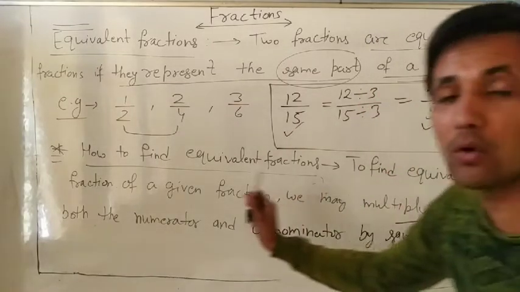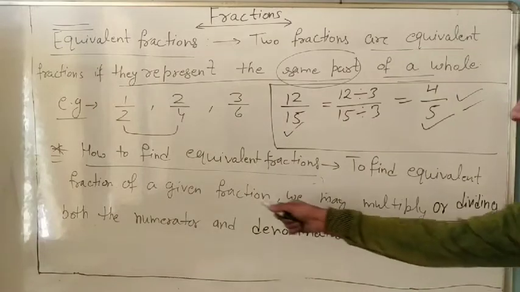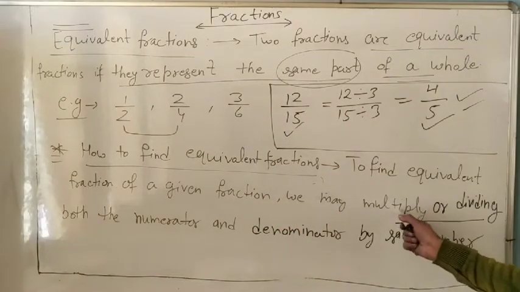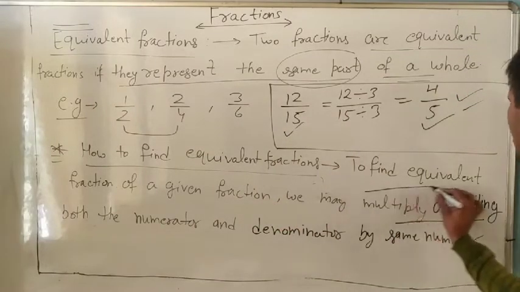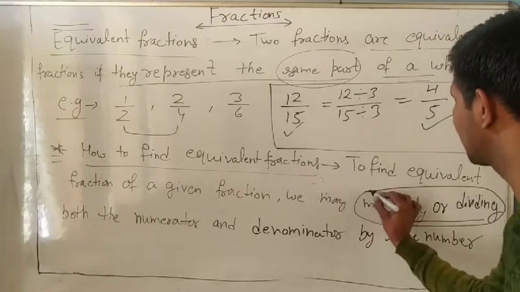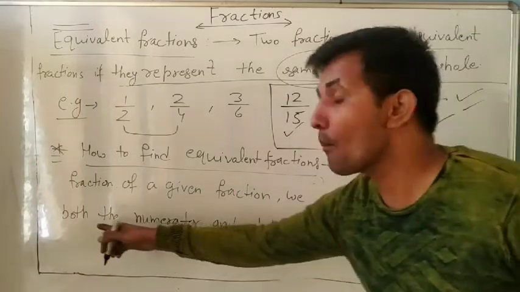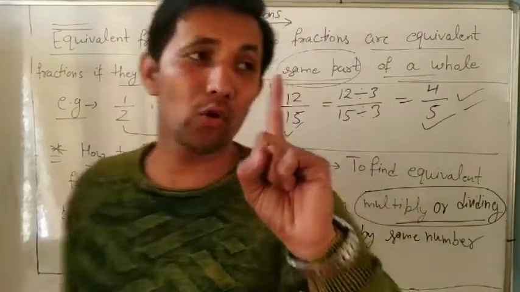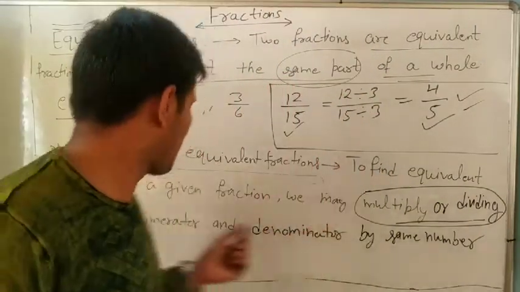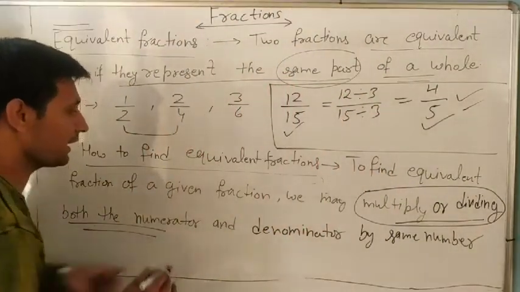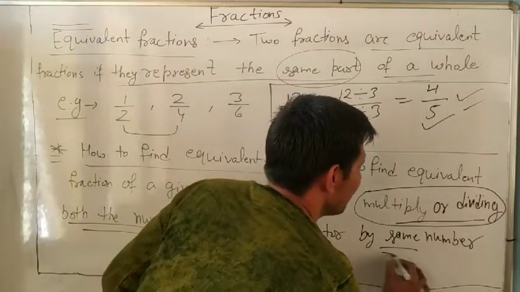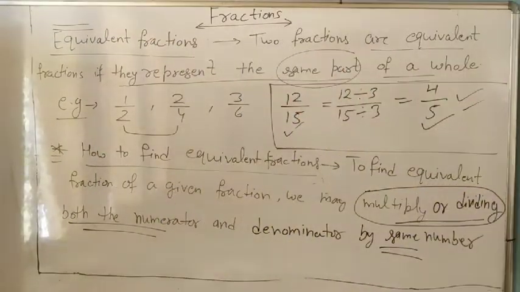If we want to find the equivalent fraction of any given fraction, we may multiply or divide both the numerator and denominator by the same number, and we can find many equivalent fractions.